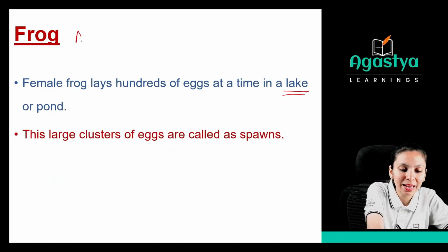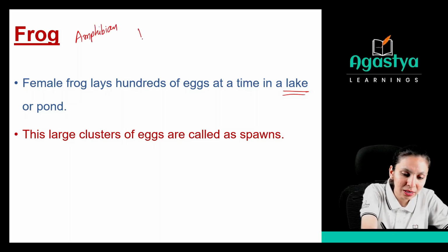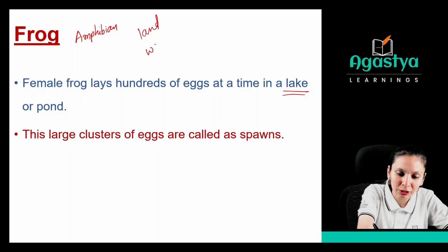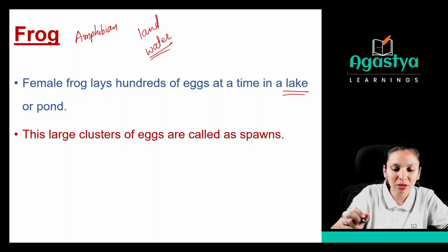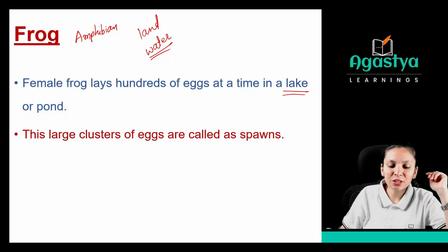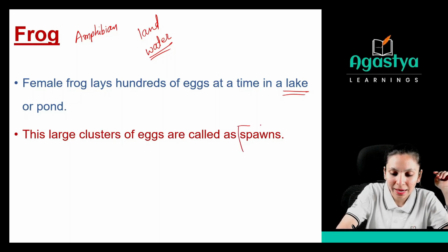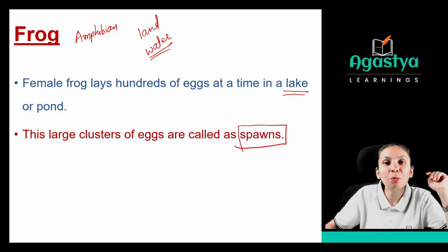As you know, a frog is an amphibian, so it can live on land as well as in water. But for the egg part, they will lay their eggs in the water only. These large clusters of eggs are called spawn, right? How will you pronounce it? Spawn.